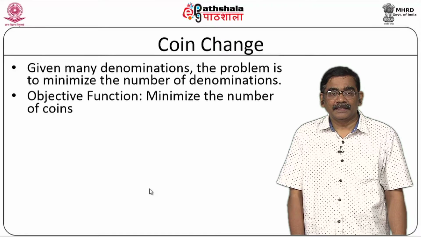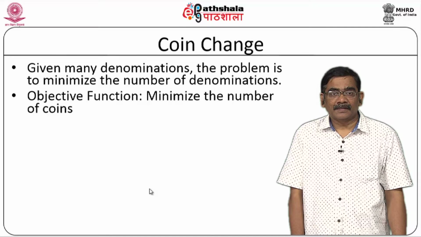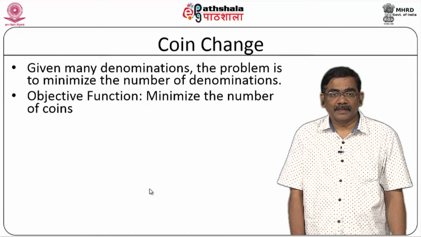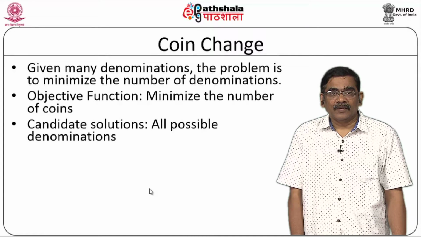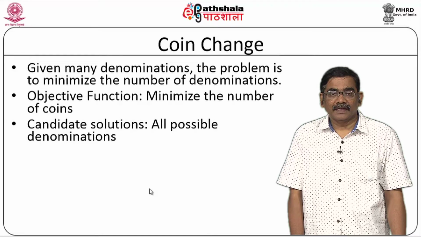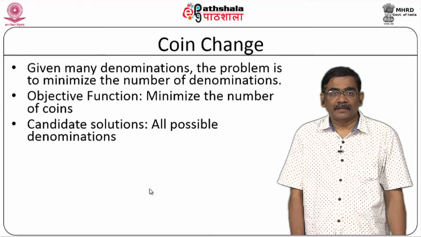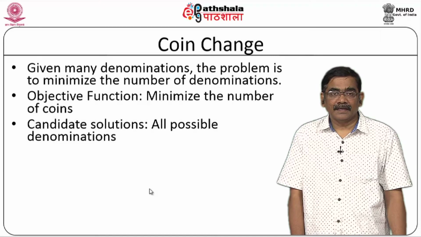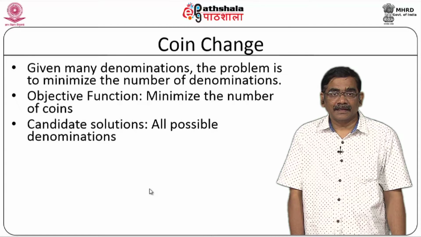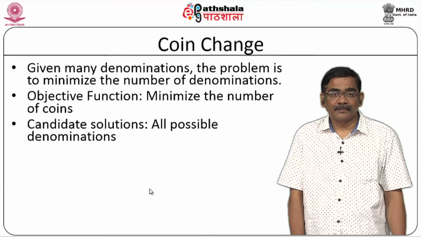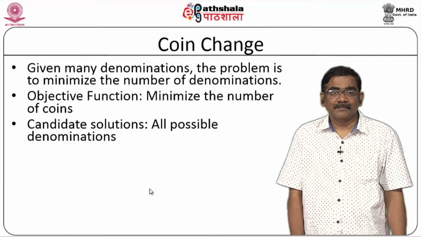The optimization problem has an objective function, that is to minimize the number of coins. Then what are the candidate solutions? I can solve this problem using multiple combinations. I can give 273 one rupee coins. This is one solution. Like that, I can solve that request in multiple ways. Every way constitutes one candidate solution.